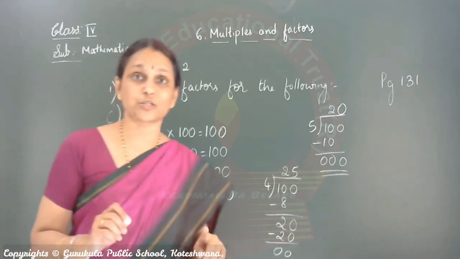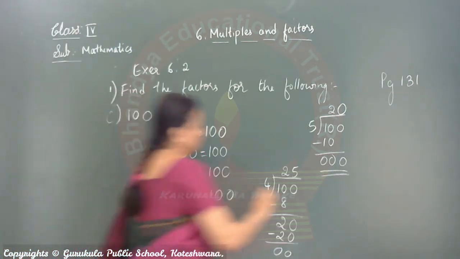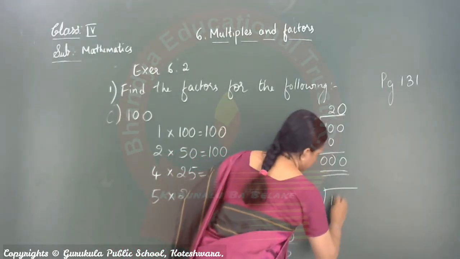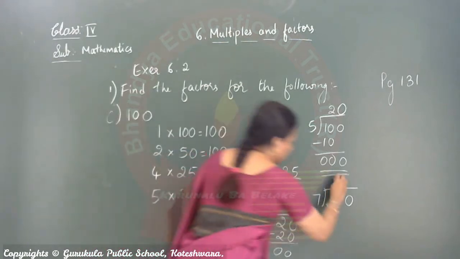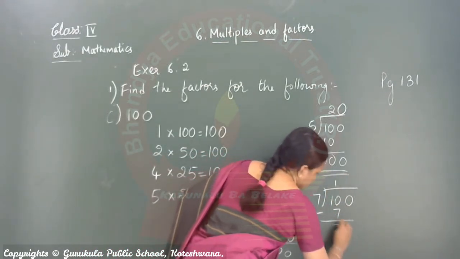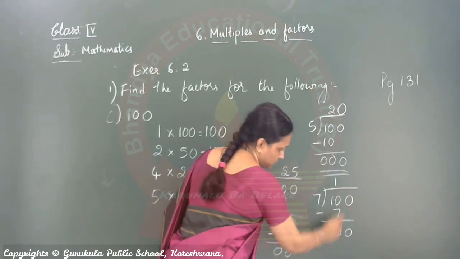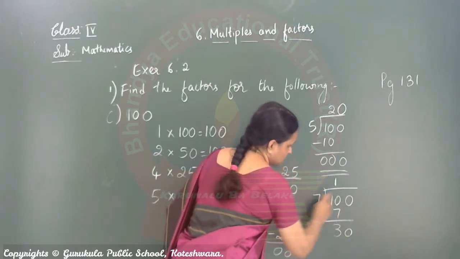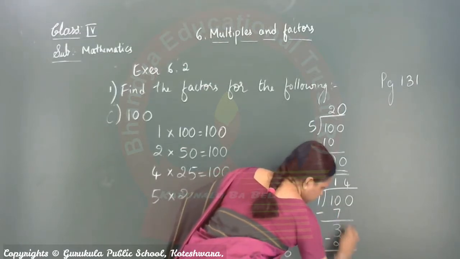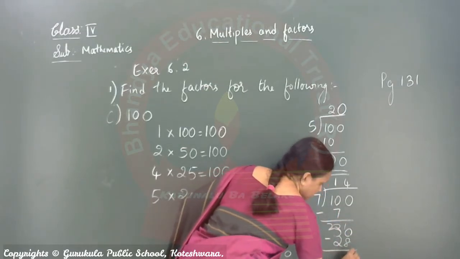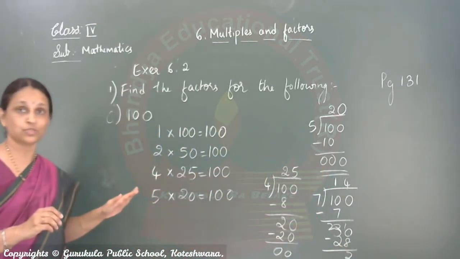In 7 tables. Yes, will it be there in 7 tables? Otherwise, you have to divide and see every number by every number. Okay, 7 ones are 7, 3 down, 0 down, 30, then 7 fours are 28, subtract 10 minus 8 is 2. You get a remainder. So in 7 ones also it is not there.